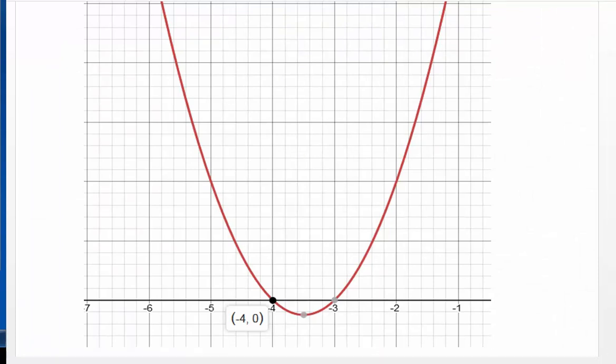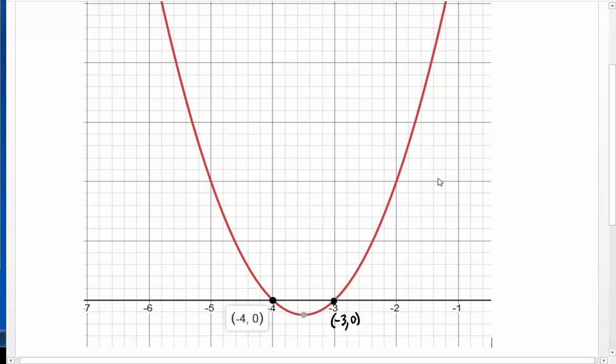So if you take a look at the following, you notice that for this particular point, you have the point -4, 0, which is the x-intercept. You have another point which is -3, 0. Remember what y stands for. It is the function x squared plus 7x plus 12.